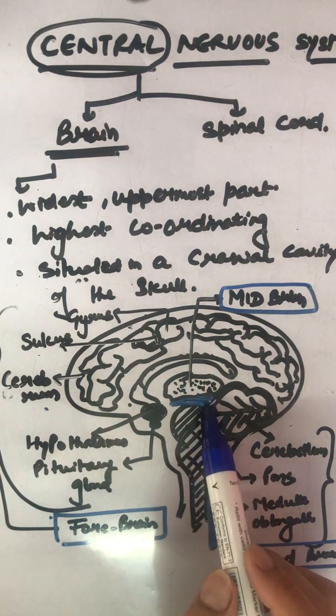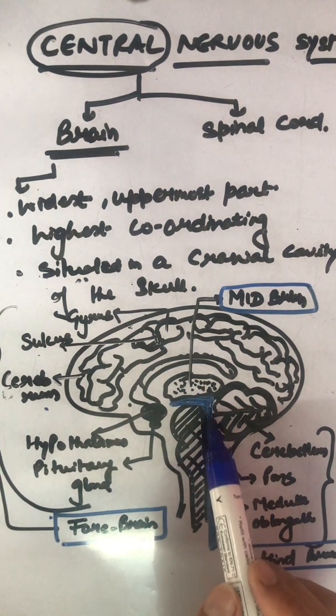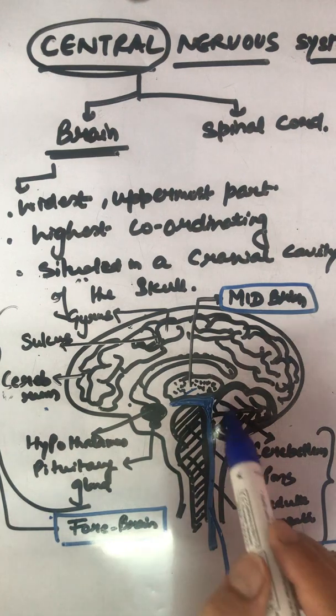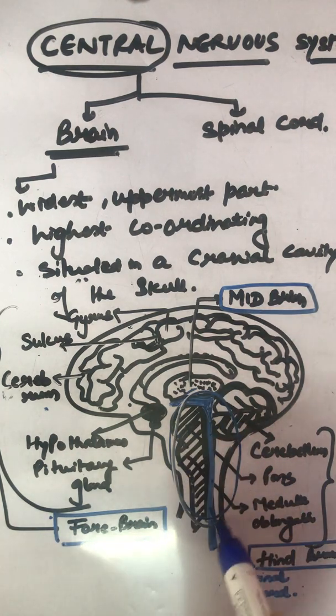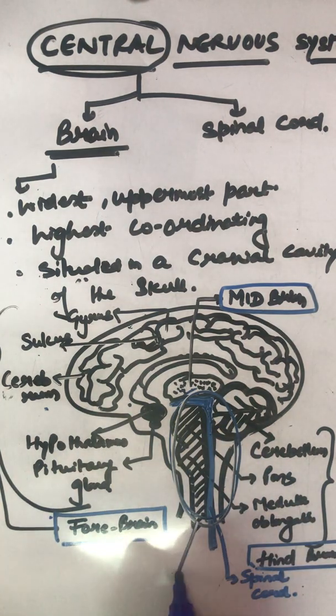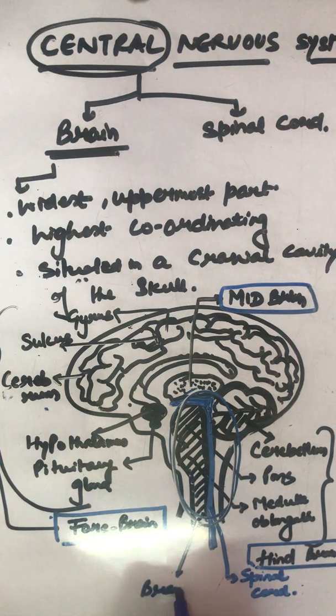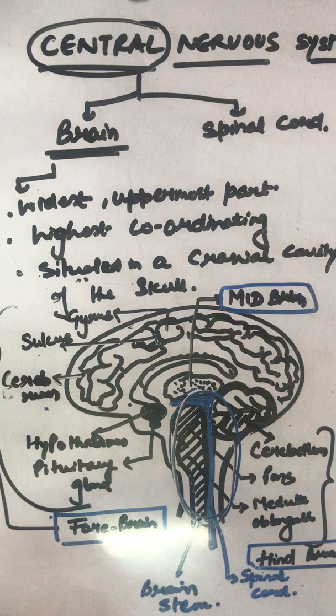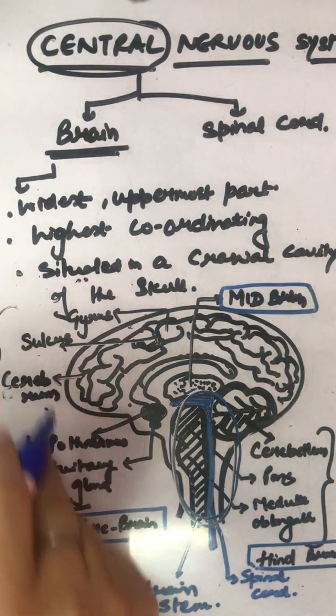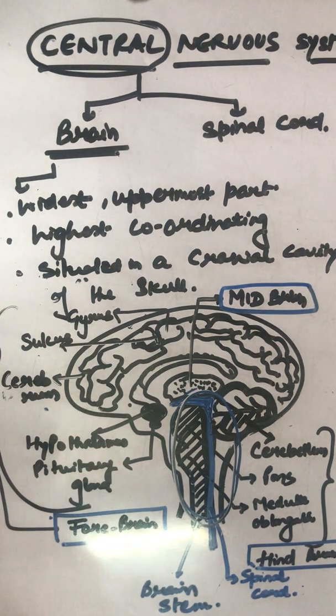And the midbrain along with the hindbrain and the spinal cord forms the brain stem. This area makes our brain stem. What does it make? Brain stem. Okay, now moving to all these parts one after the other.